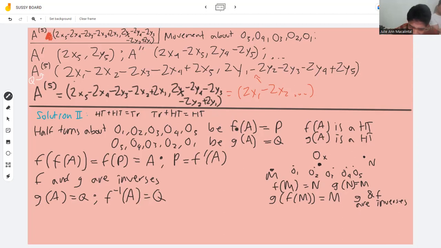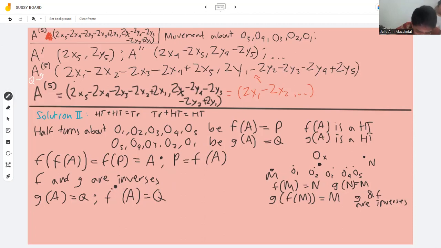So F of A should go to... wait. So this is F. Why did I use the inverse now? F prime of A is equal to Q. Wait, no. I was using the wrong notation.